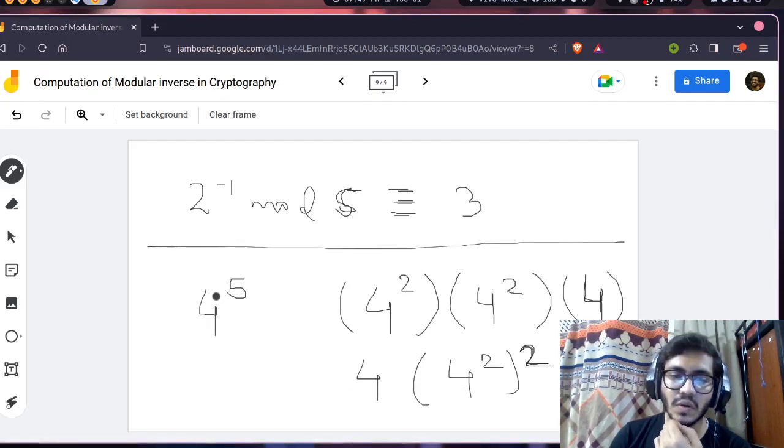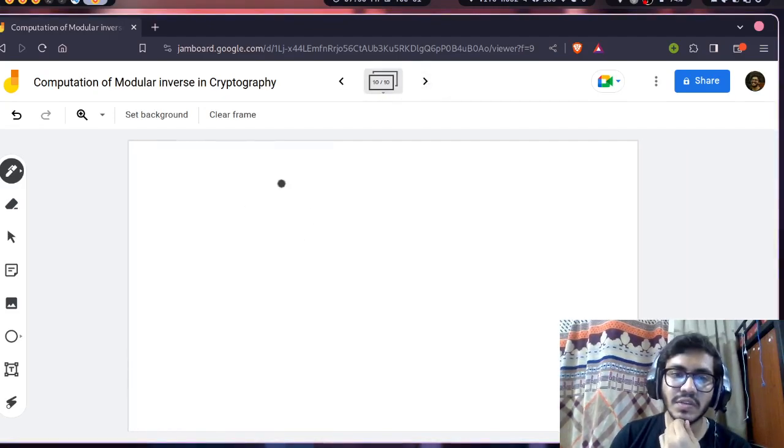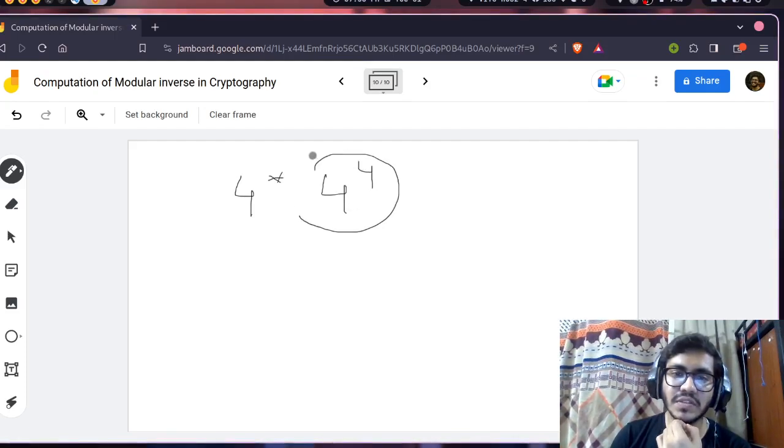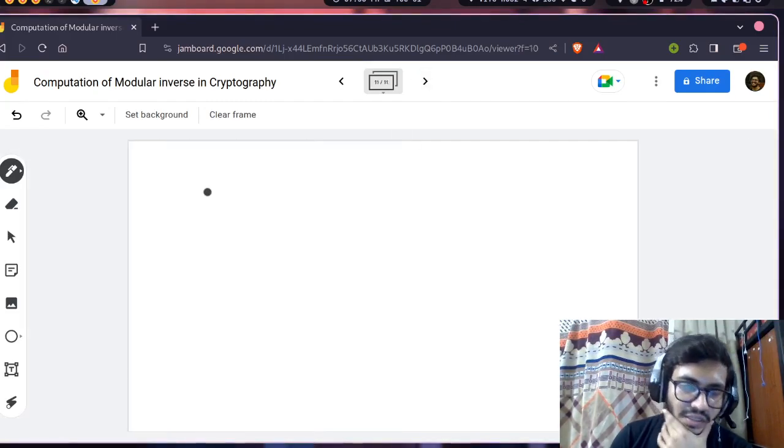So wherever you get an odd number, for whatever power, you multiply that to the answer. So for computing this, you will calculate 4 into 4 raised to the power 4, right? And for even powers, it can always be broken down into 2 powers, right? So 4 raised to the power 4 can be broken down into 4 raised to the power 2 raised to the power 2, right? Similarly, if say there is a power 8 raised to the power of 11.